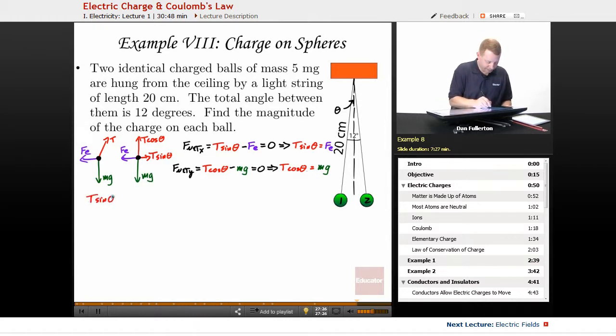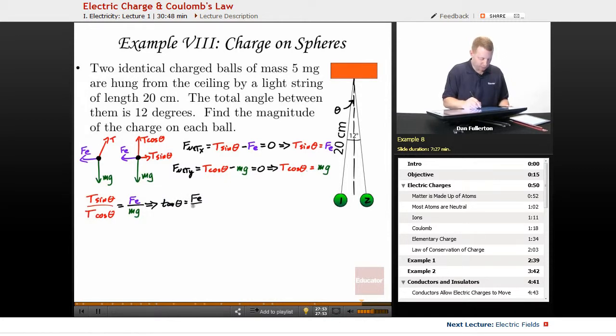T sine theta over T cosine theta must be equal to our electrostatic force divided by gravity. T over T is 1. Sine theta over cosine theta is the tangent of theta. So this implies that the tangent of theta equals Fe over mg, or I could rewrite this to say that the electrostatic force equals mg tan theta.